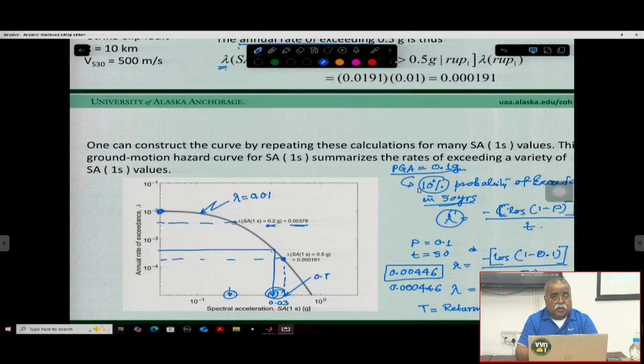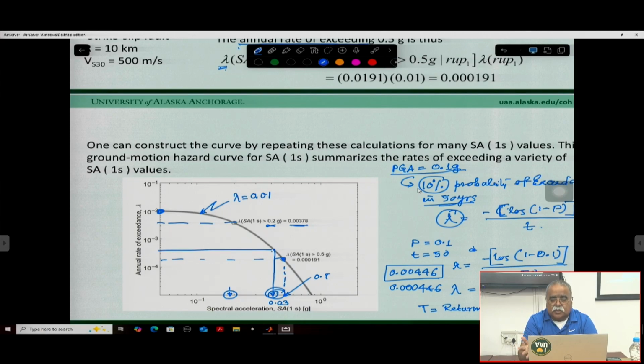But what I want, so this is for one particular site. I do it for another site, and I get the same type of pictures like this with different numbers. Now, what I do is a uniform probability distribution map.